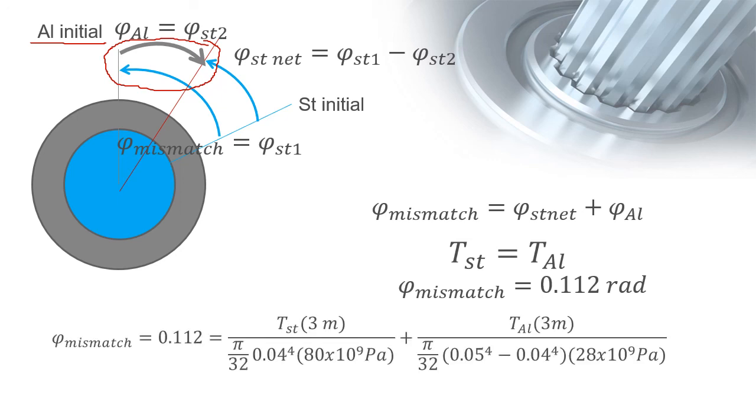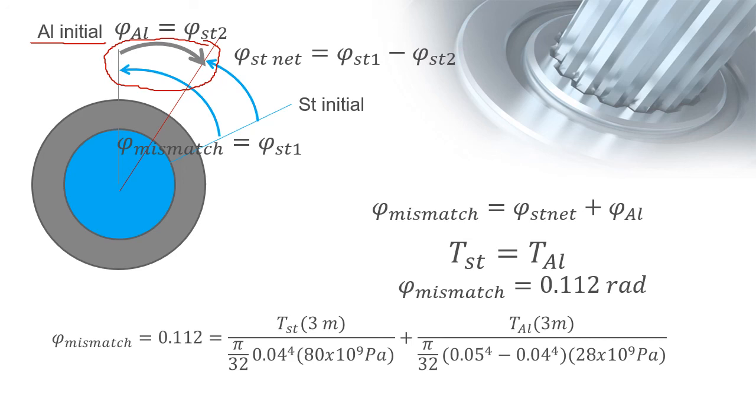So here is our equation. 0.112, or the angle of mismatch, is equal to T steel times 3 all over J of steel times G of steel, plus T aluminum times the length of aluminum, which is also 3 meters, all over J of aluminum times G of aluminum. The aluminum, take note, is a hollow shaft. So we have this equation. And 28 times 10 to the 9 Pascal is the modulus of rigidity for aluminum.